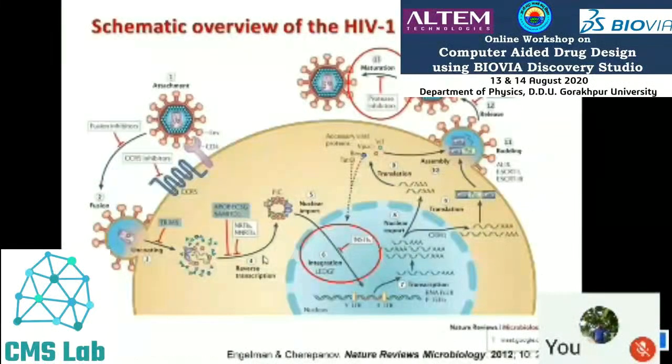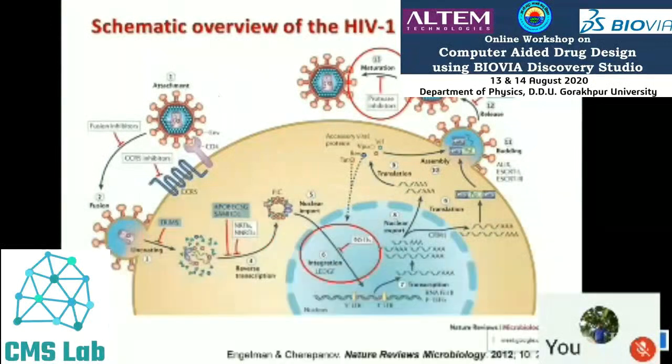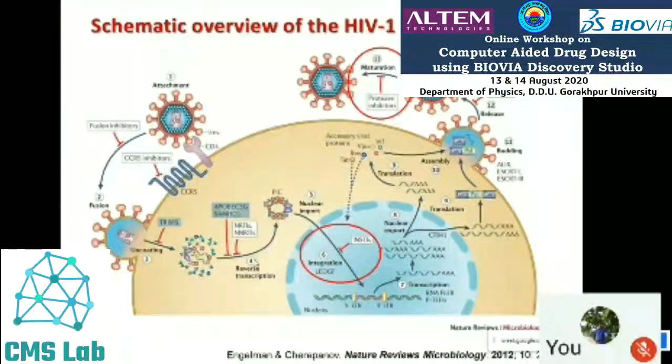Coming back to this overview of the replication cycle, from attachment to maturation, you see the red-colored part here. There are many stages of the HIV life cycle, and researchers try to use inhibitors to block those processes: from attachment to fusion, then uncoating, reverse transcription, integration, assembly, release, and maturation.